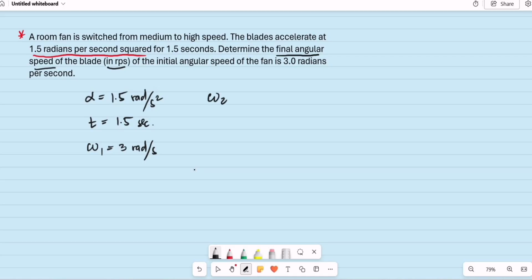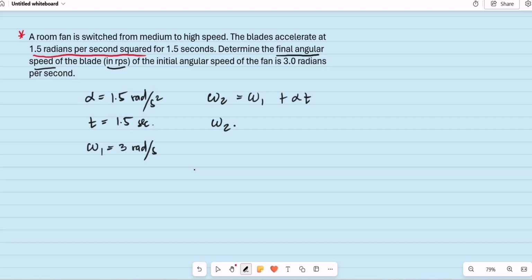This is the final angular velocity is equal to the initial angular velocity plus the angular acceleration times the time. Correction, we don't have squared.